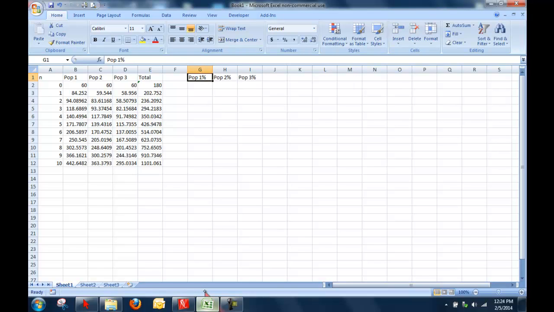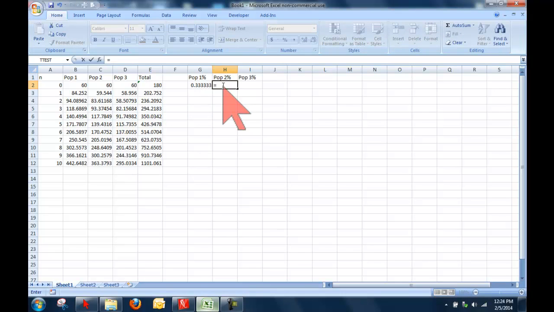And what I'll do here is pick up the population in stage 1 and divide it by the total population for that year. And let's see, I think I can go ahead and, no, I might not be able to just drag right.